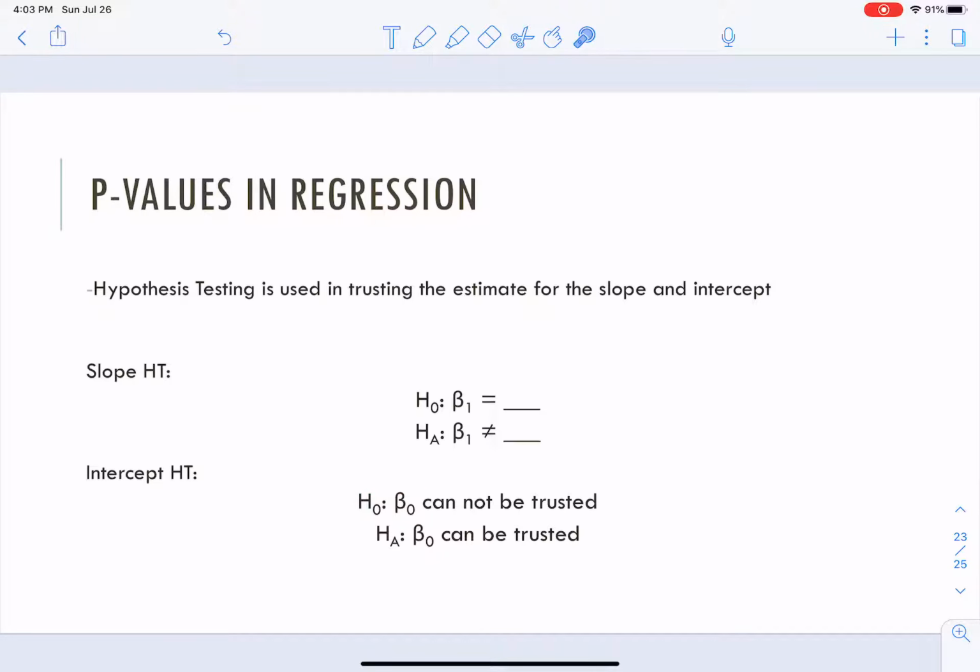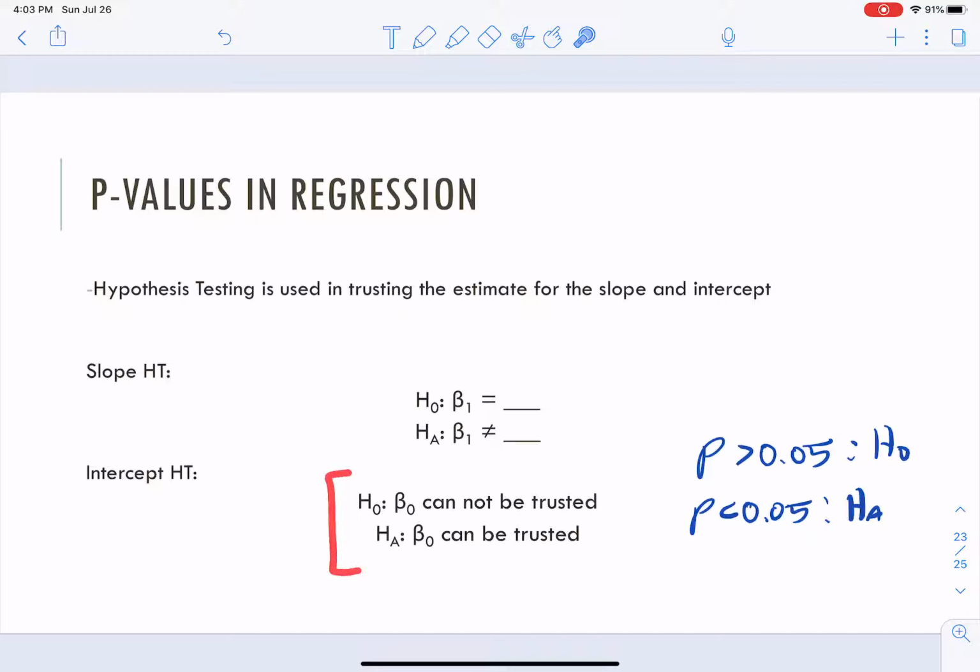So if your p-value is greater than 0.05, then you go with the null. If it's less, then you go with the alternative. Just keeping things simple and translated in English, this is what's going on.